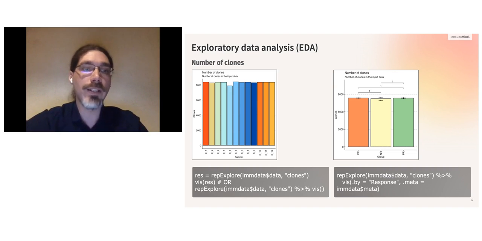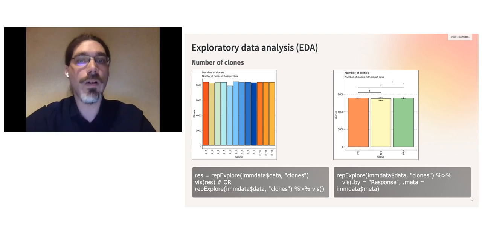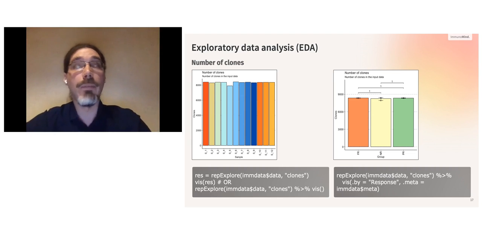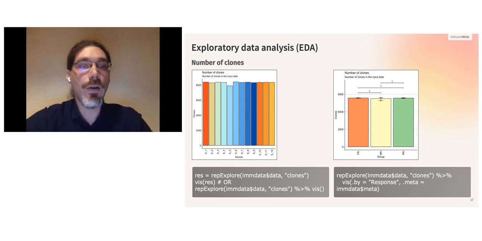So this function automatically detects what the analysis was on the previous step. In the current case, it's repExplore, and it visualizes the results accordingly. Or you can use the slightly more advanced syntax from the purrr ecosystem packages, and just run a simple line of code to execute and visualize the data.